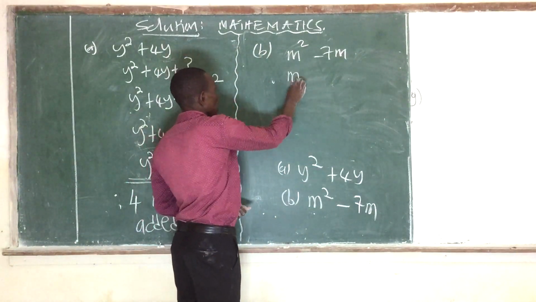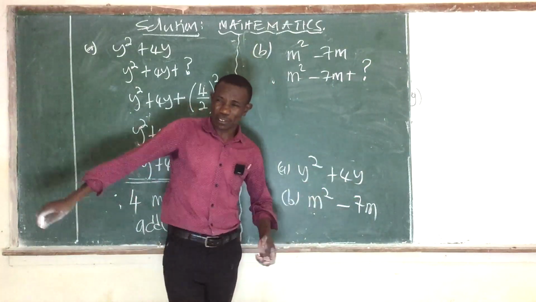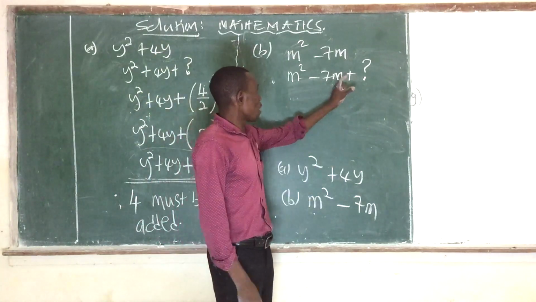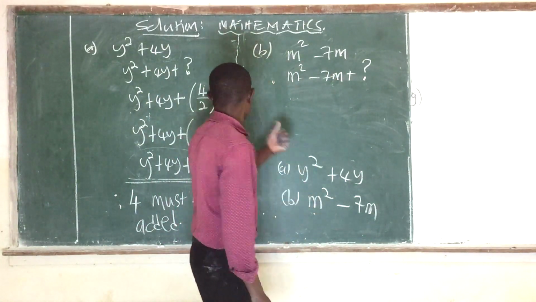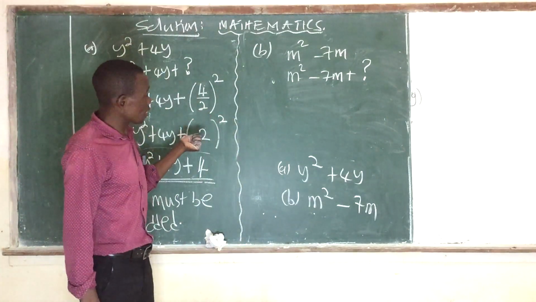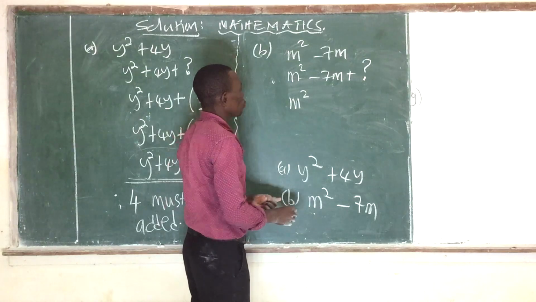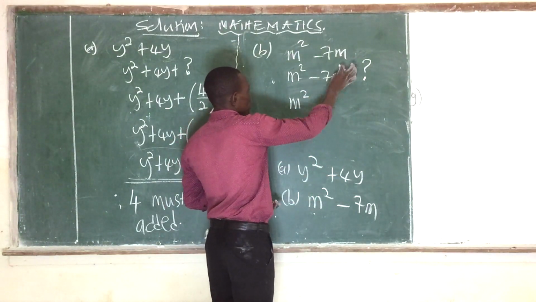We'll write m squared minus 7m plus a question mark. What should be there on the question mark? It's something that should be added to this expression to make the perfect square. By the first explanation in the first example, you'll be able to see that I was able to consider this term, which is non-quadratic.